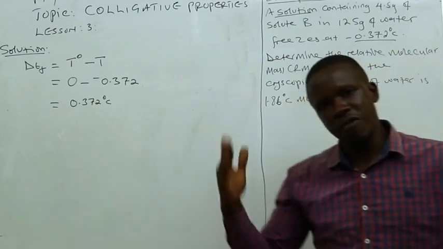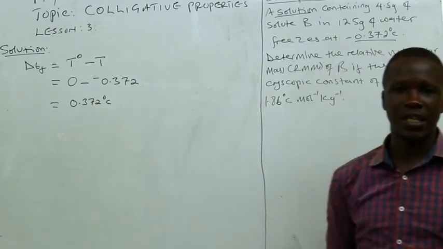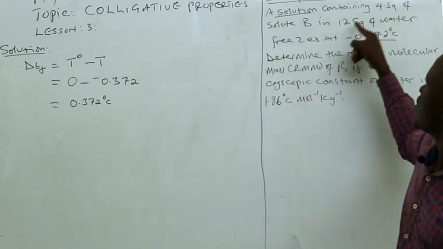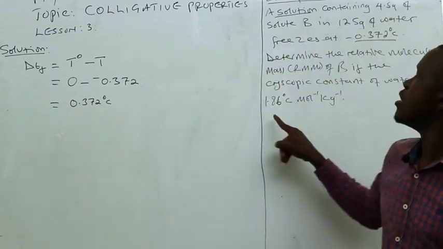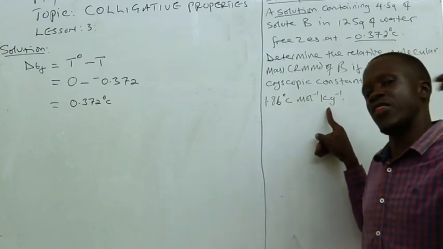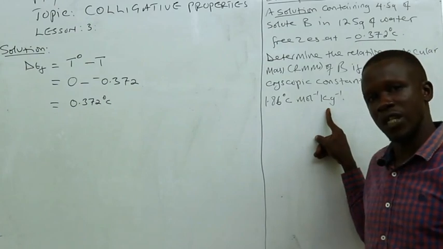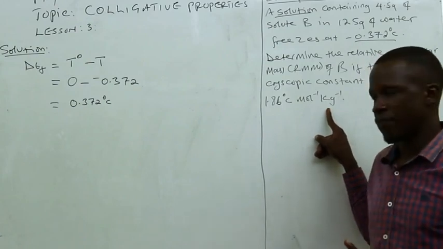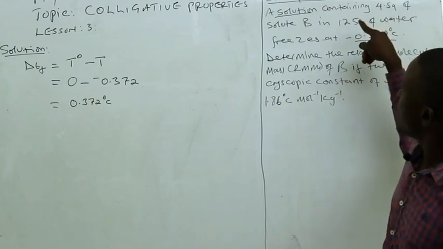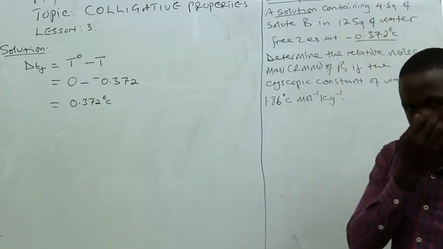So it would be very hard for us to relate this depression caused by this mass in this amount of water to this depression which is for 1 mole in 1,000 grams of water. So what we do is to change this mass into 1,000 grams of water.